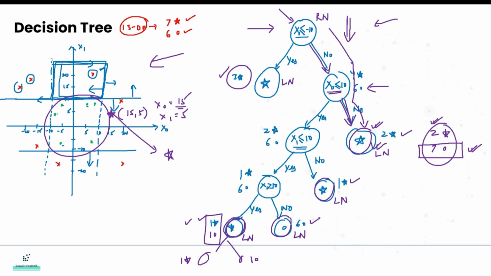In certain scenarios where your data is too complex, you're dealing with hundreds and hundreds of features. In that case, manually nobody will be able to come up with a solution like this. You always need an algorithm to solve it. And the algorithm knows the best possible criteria based on which your tree will be created. So there are many possible splitting conditions, and decision tree algorithm helps to find the best split.